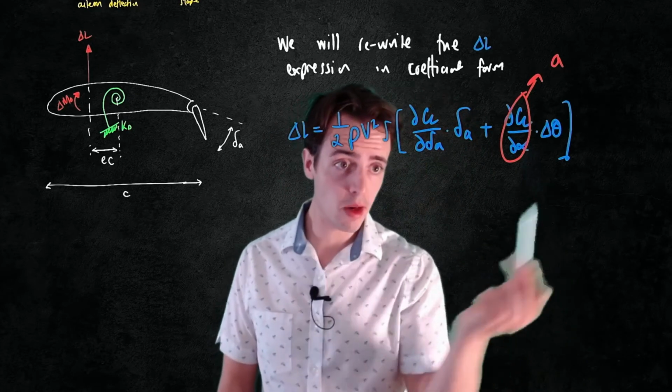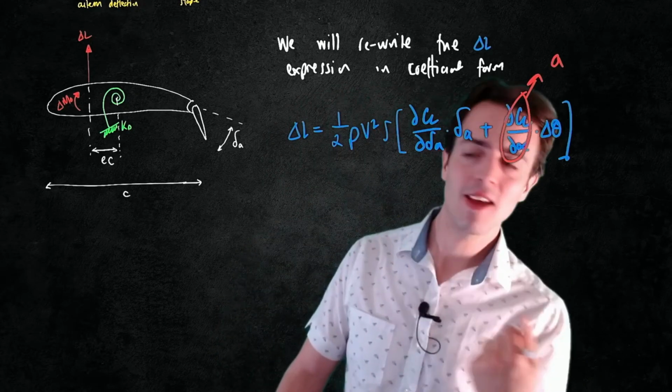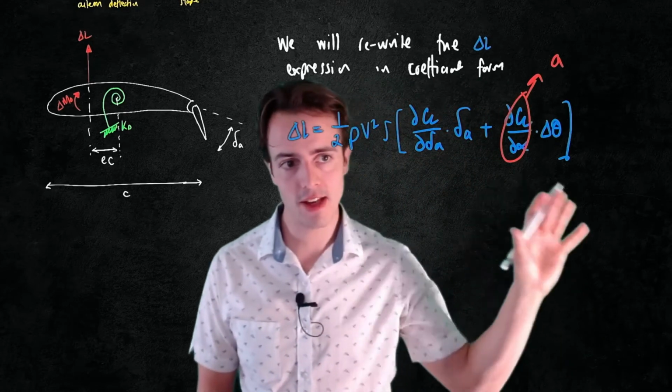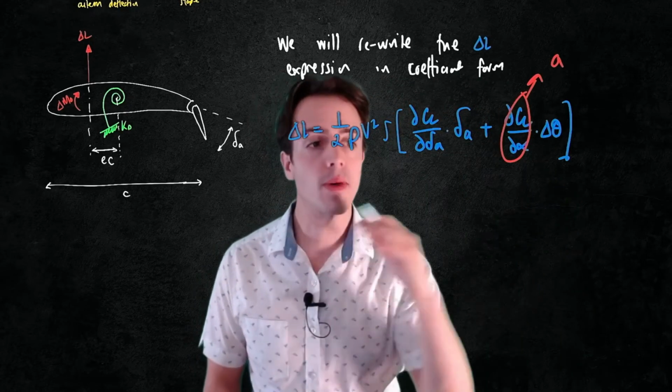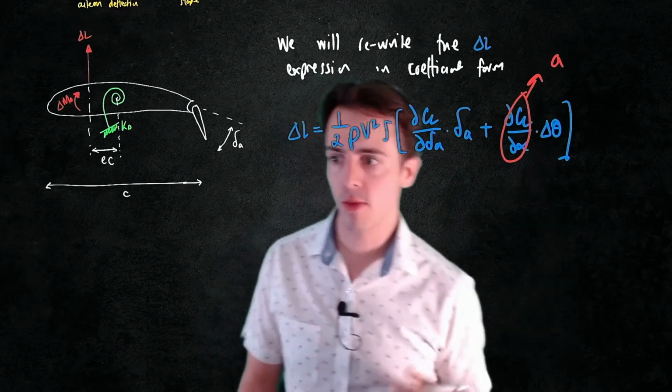This is still the bit that we want, and we've just made it more difficult by putting it in coefficient form, but it is going to help us come up with an expression for delta theta, which is what we're going to want.